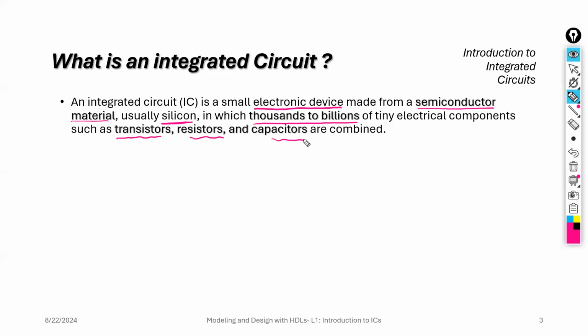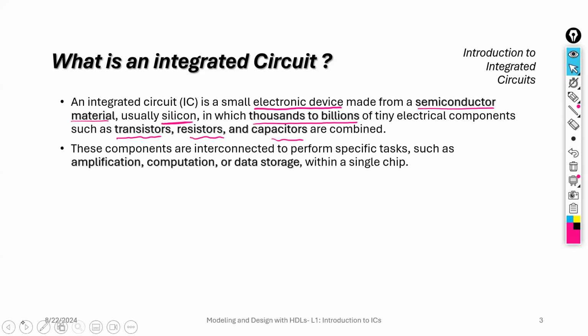So we are going to modify the semiconducting material to make these components, especially transistors, resistors, and capacitors. These components are interconnected to perform a specific task such as amplification, computation, or data storage within a single chip.